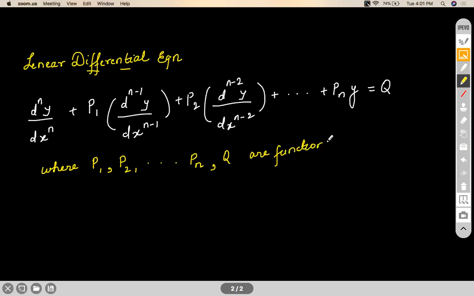They may be constant as well. So this is a linear differential equation of order n with y as the dependent variable and x as the independent variable. You can also have something like this.